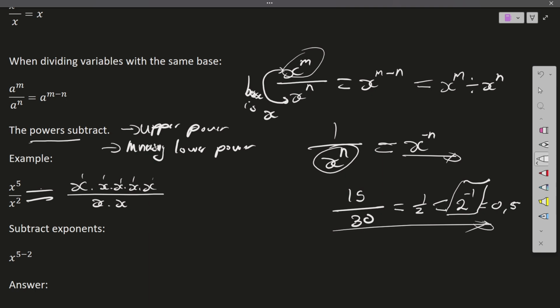We made it like that on purpose, because remember, in multiplication we are going to add all of these and they give us x to the power of 5. And here as well, we add the exponents and they give us x to the power of 2, because we have 2 of them here, and on the top you have 5 of them. So that is what we did in multiplication.